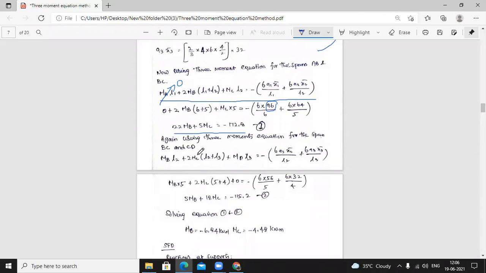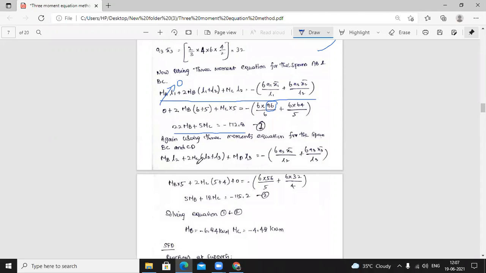In this second equation, we have to write like this. Here we are considering only the BC span and CD span. So you have to write MB L2 plus 2MC (L2 plus L3) plus MD L3. Instead of A, here B will come.